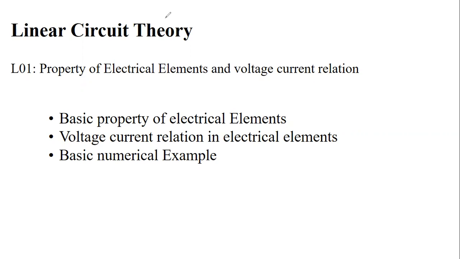After completing that, we will make a relation between voltage and current of resistance, inductance and capacitance. If we know the basic voltage-current relation, we can easily solve any circuit problem. After that, we discuss some basic numericals based on voltage and current.